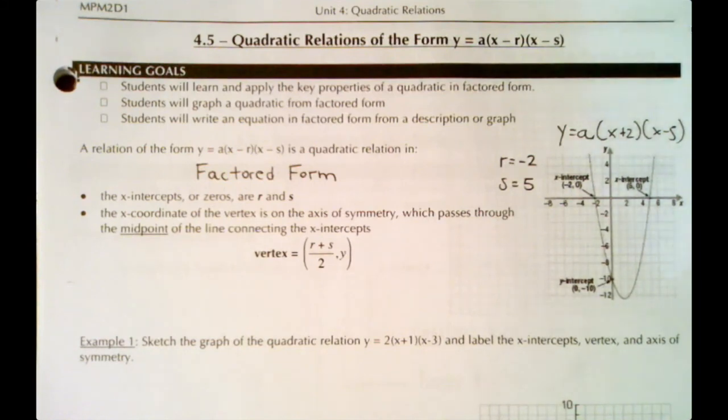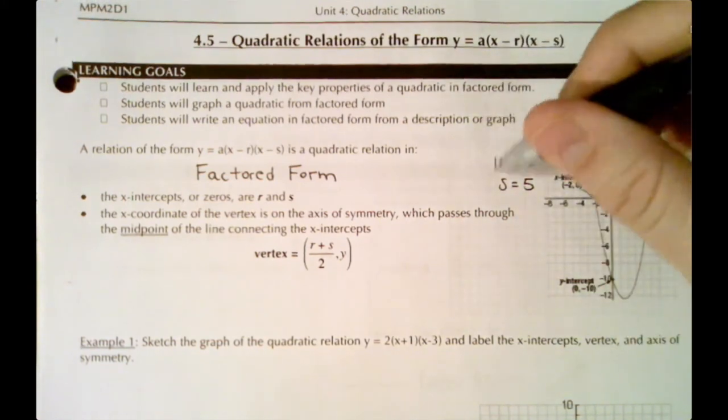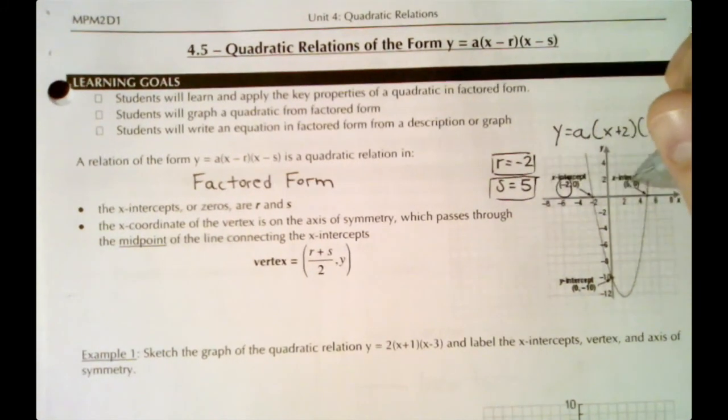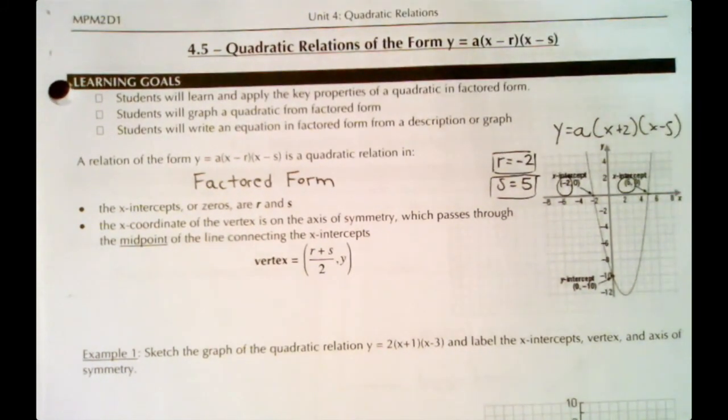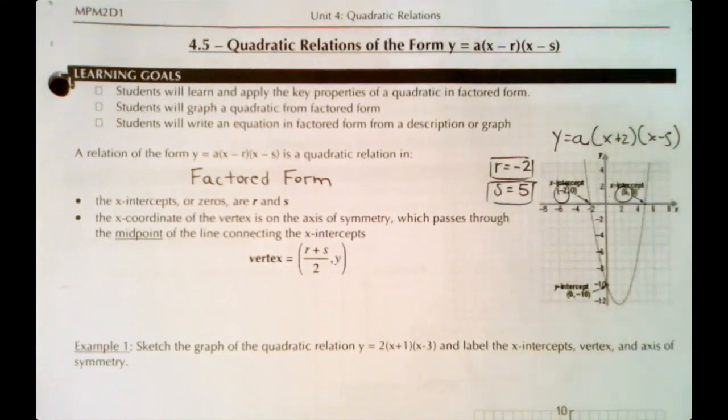Remember, h always had the opposite sign on the graph and in the equation, the vertex in the equation. Same with r and s. So we get our r and our s from the x-intercepts. And then we can use another point like the y-intercept to figure out what a is. And that's how we can come up with an equation. That's how an equation is related to a graph.